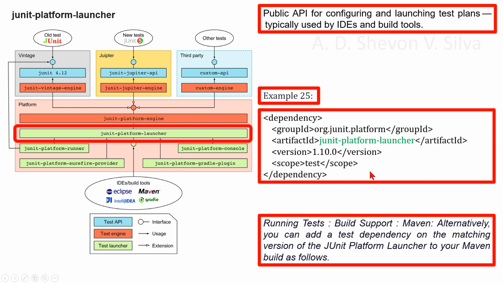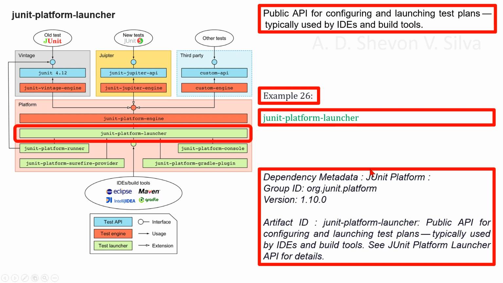It uses the JUnit Platform version found on the test runtime classpath. Therefore, it is recommended to use version 3.0.0-M4 or later to avoid interoperability issues. Alternatively, you can add a test dependency on the matching version of the JUnit Platform Launcher to your Maven build as shown here.